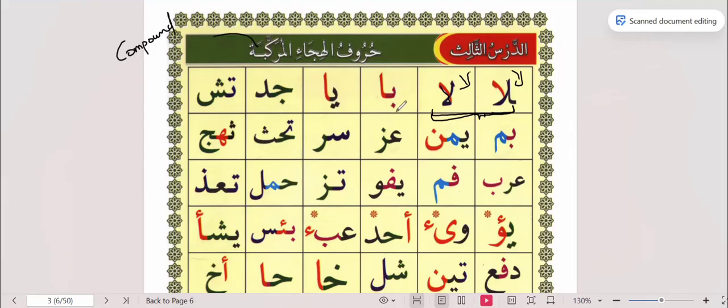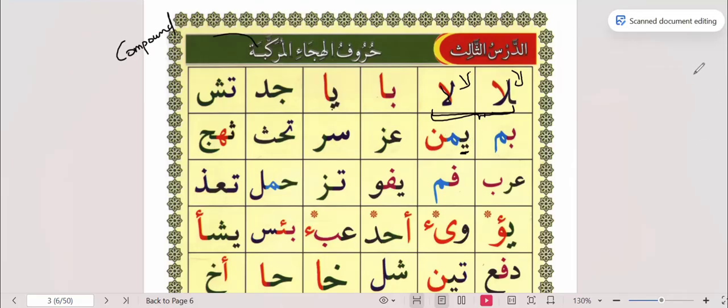Then with the help of dots: ba, alif, ya, alif, jim, dal, ta, sheen, ba, mim, ya, mim, noon. Go through the dots. Try identifying the letters with the help of the dots.